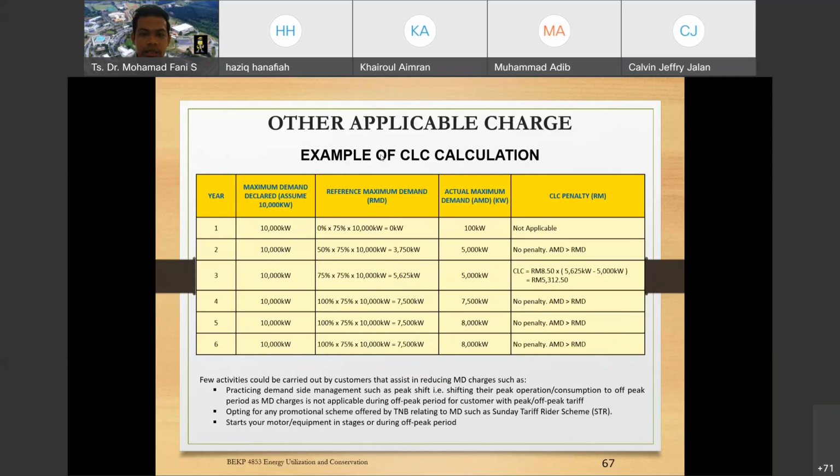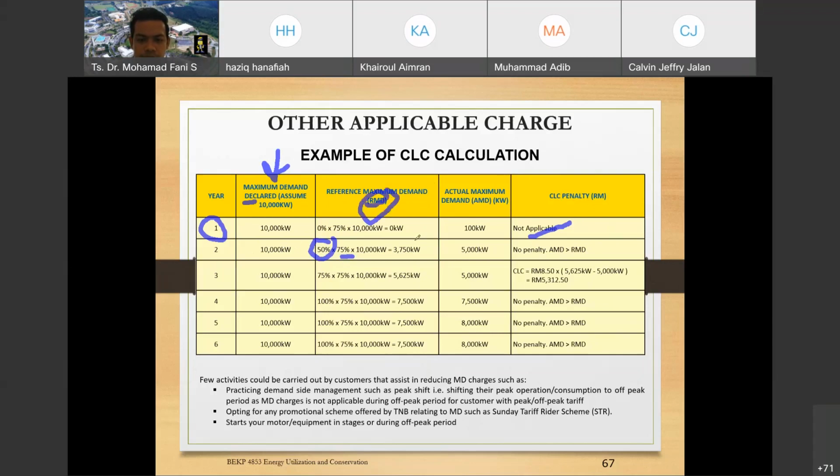Okay, this one is an example of the CLC calculation. For year 1, no penalty calculation. For year 2, this is the maximum demand declared to TNB, for example 10,000. So year 1, no CLC charge. For year 2, you need to operate at least 50%. This is the calculation, and the RMD here.